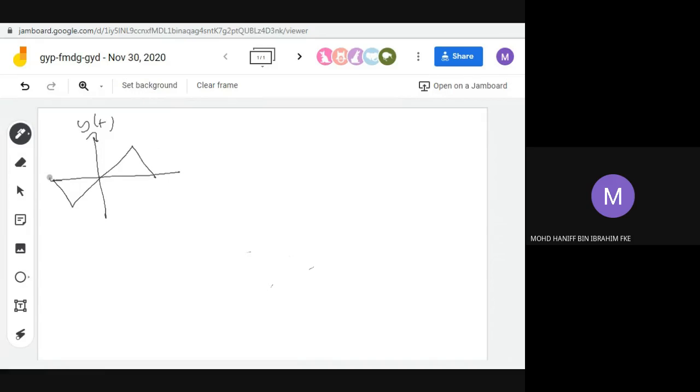This is located at -4, this is at -3, this is at 3 and this is at 4, with amplitudes of -4 and +4 for y.